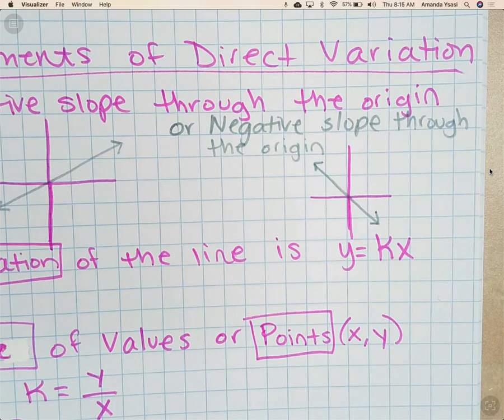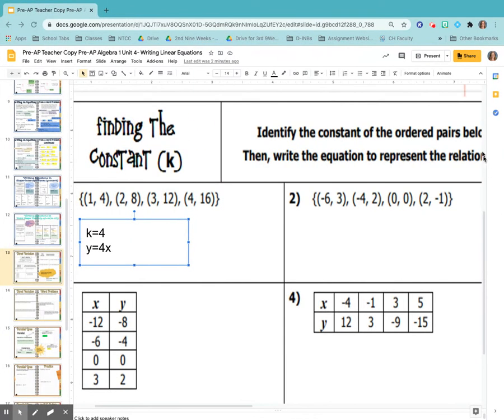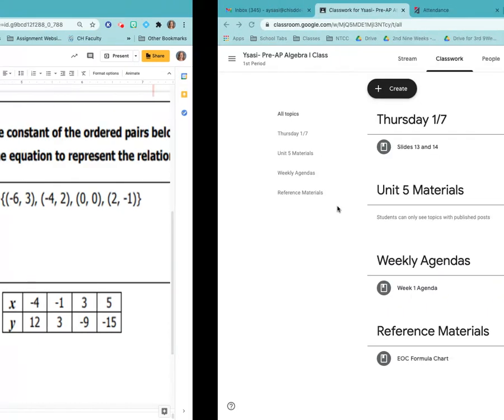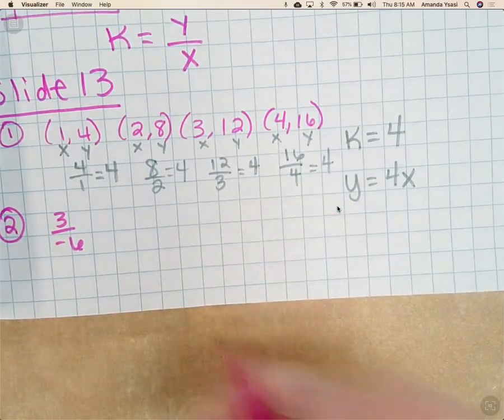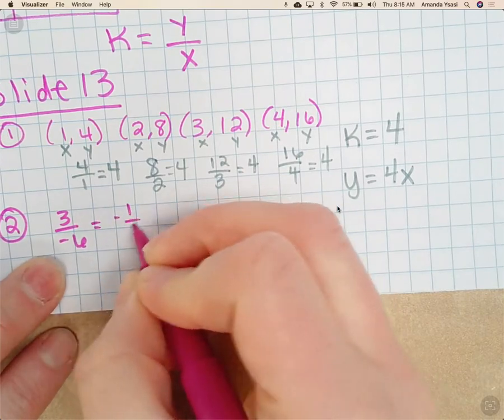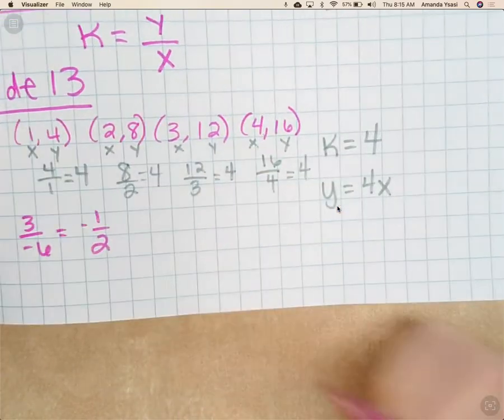Hey, y'all ready? Okay. So if we look at this one, y'all already said -1/2, right? And so we could find that by doing y over x. So on my paper, that's what I'm going to do. I'm not going to write the points. I'm just going to do y over x. So 3 over -6, which equals -1/2. And you could put the negative on top or bottom or out front.